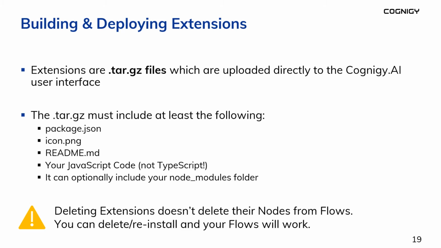And remember, they are referenced by the name of the extension and the name of the node. That's what you defined in your node definitions. So you can delete the old version, upload the new version, and then everything in the flows will still work. So you can delete and reinstall, and that'll still be fine.